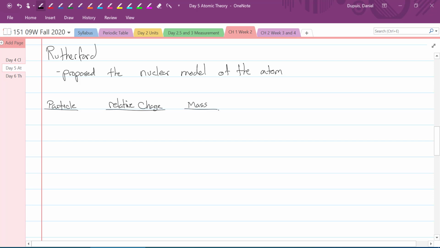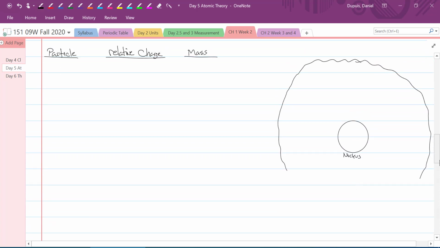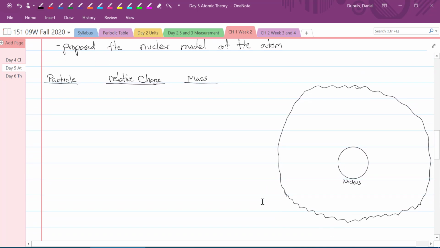All right. So the first thing we're going to talk about is the nuclear model. There's going to be a nucleus. Let's make it circular. There we go. So here's my nucleus. And then we're just going to kind of draw a cloud. Not a circle, but a cloudish. It's somewhat spherical. So there's 3 particles.